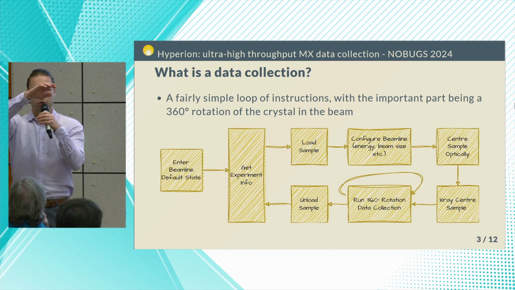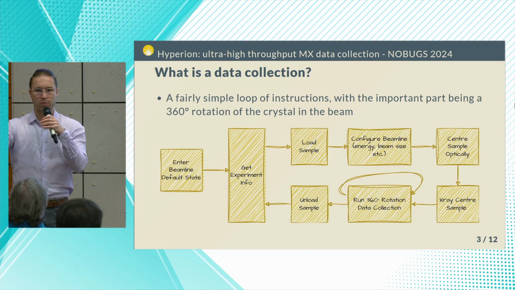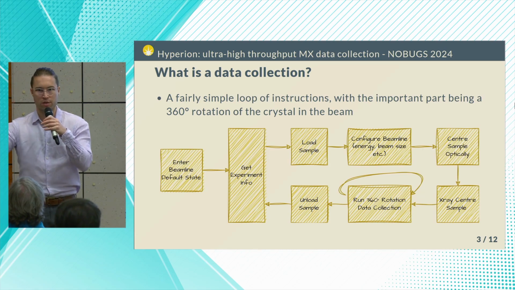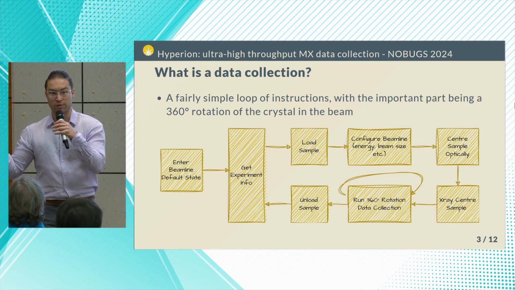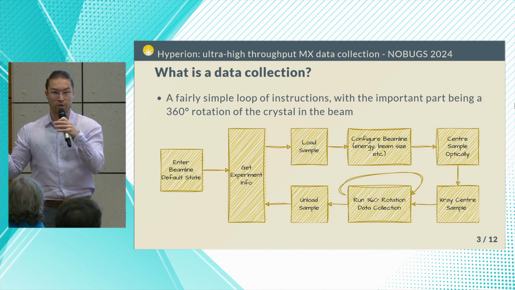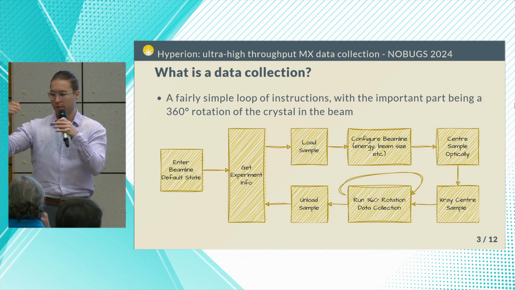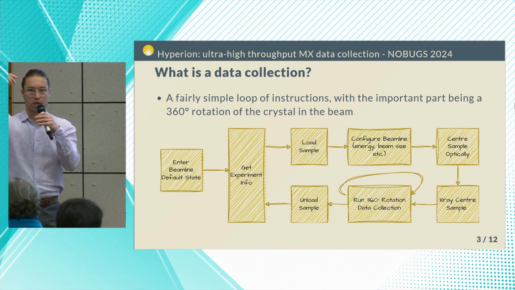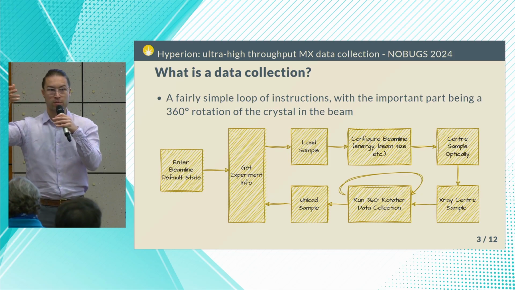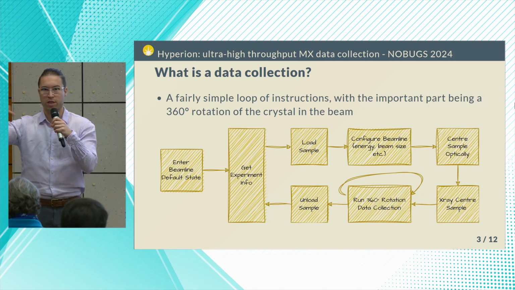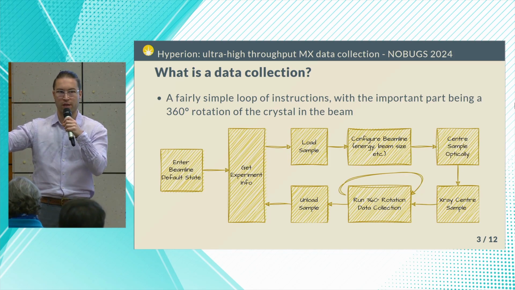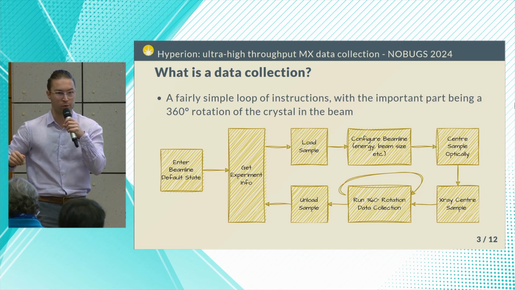We draw a grid over the crystal and take an X-ray exposure at each of those positions, and use the intensity of the diffraction signal to figure out where the best part of the crystal is, and then we go to that spot, and then we do a rotation of the crystal while it's being exposed to the beam, and potentially do that a couple more times at some different angles, and then we move on to the next sample.